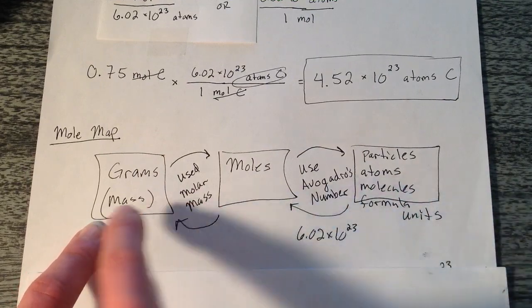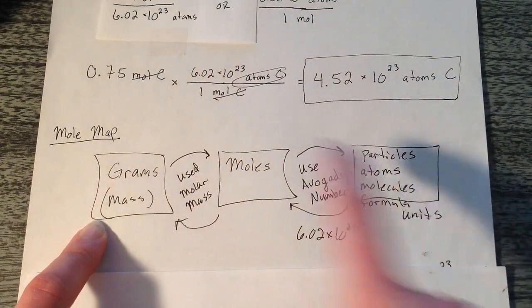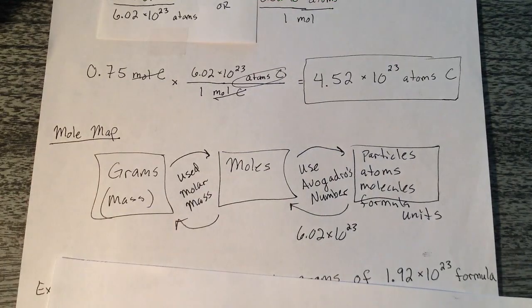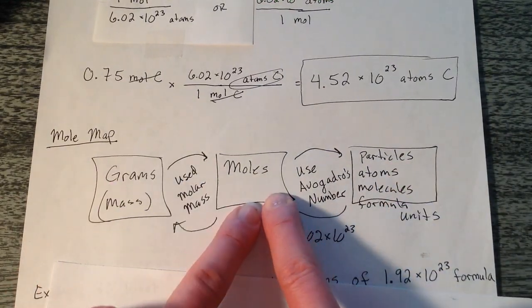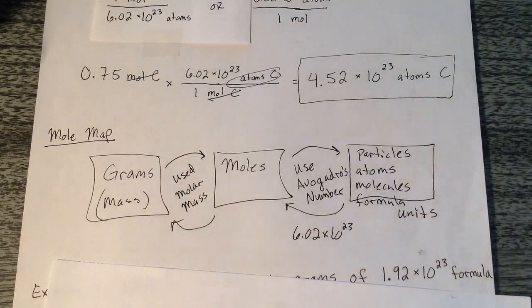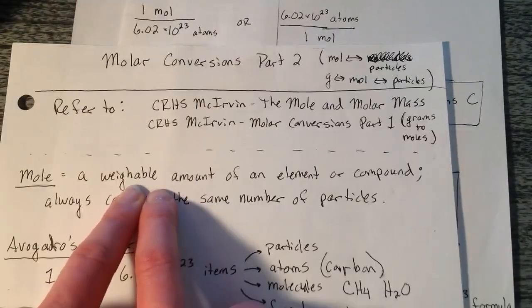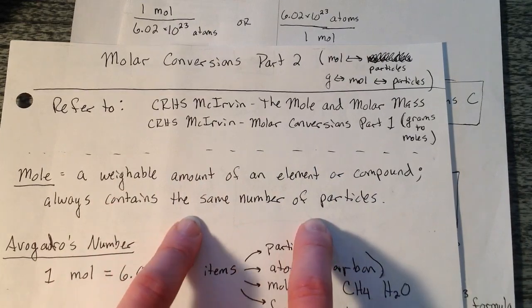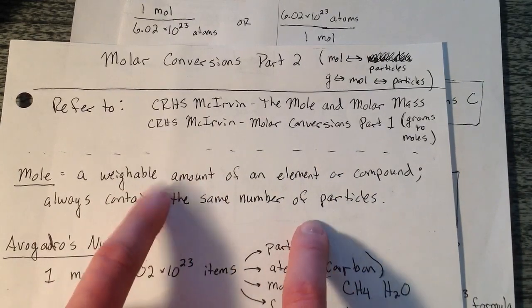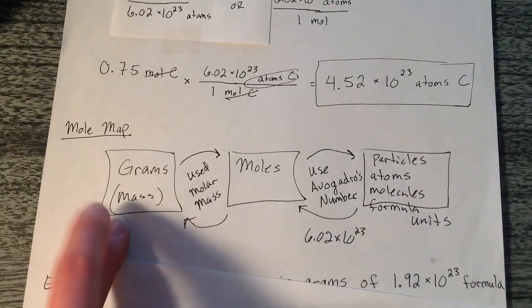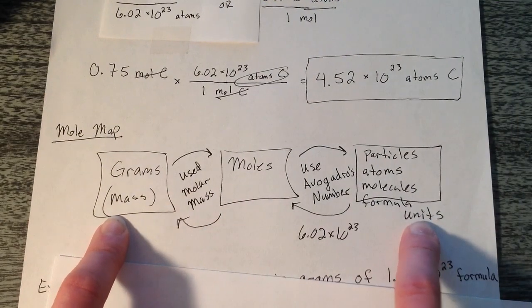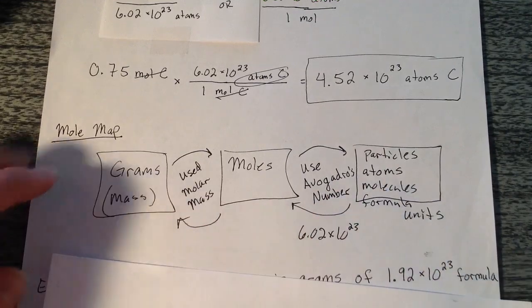So now we can go all the way from grams into particles and back. And in order to relate these two, you have to go through moles. Because again, moles was something we could weigh for a certain number of particles. So moles is the connection between mass and counting things by weighing.